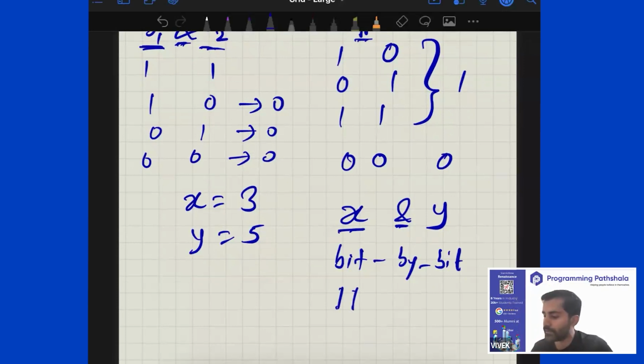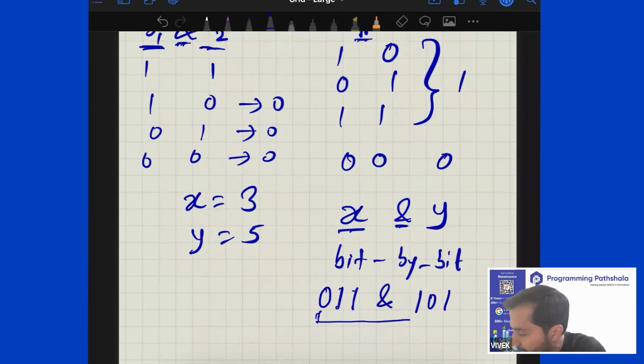The binary representation of x is 1 1, right? And similarly for 5, it is 101. So if you take an AND, you can append a 0 over here. So this AND happens bit by bit. So this and that is going to be 0. This 1 and 0 is going to be 0. And this 1 and that 1 is going to be 1.